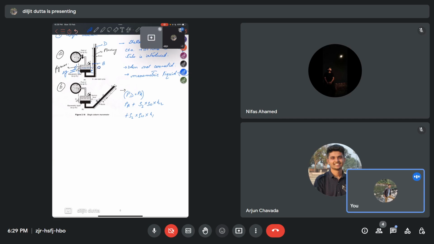So we have till O dash, and from O to C the height is delta Y. So again S2 into rho W into delta Y. Now we have reached the same level C dash. From C dash we have to move upwards by a distance of Y plus delta Y. So minus S1 into rho W into (Y plus delta Y). So we will get this as pressure at A.